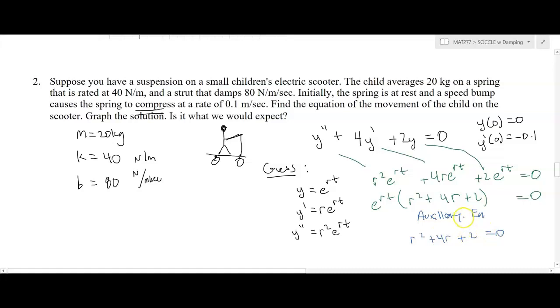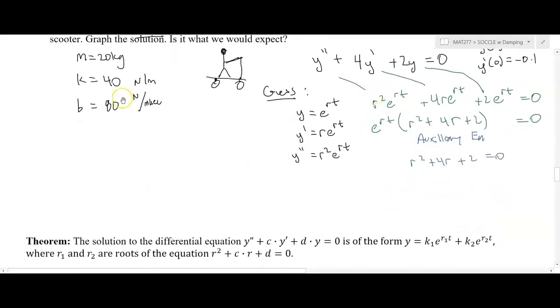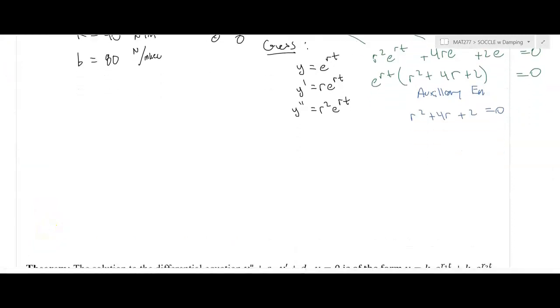This one is not as easily factorable because I can't really find two numbers that will add to 4 and simultaneously multiply to give me 2. So I can use the quadratic formula here. Or again, I could use Wolfram Alpha. With Wolfram Alpha, you just enter this equation in as it is, but let's just go ahead and solve it. Why not?